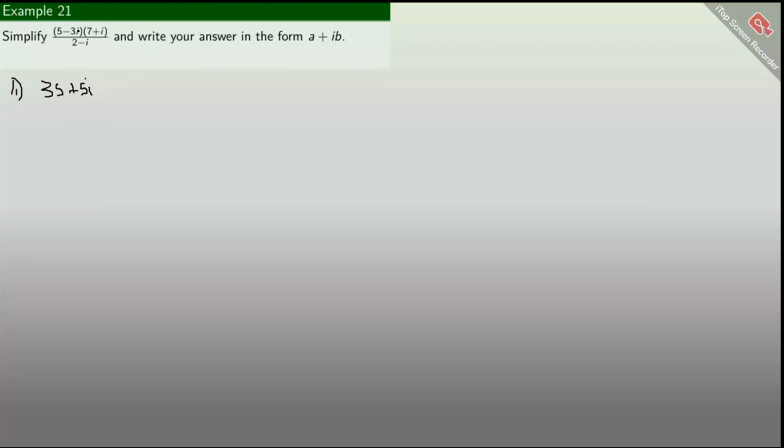Again, negative 3i times 7, that is going to be negative 21i. Negative 3i times i is going to give us positive 3. Don't do anything to the denominator yet. Finish what you have on top. 2i.